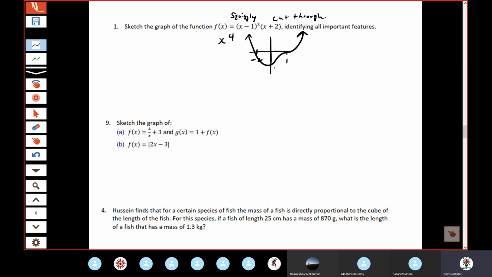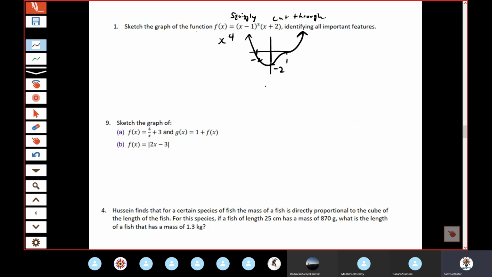And the only other thing you need to put in is your y-intercept. When x is 0, you'll get -1 times 2, which is -2. You have to put a y-intercept of -2. And then, yep, looks good. Okay. Any questions there?